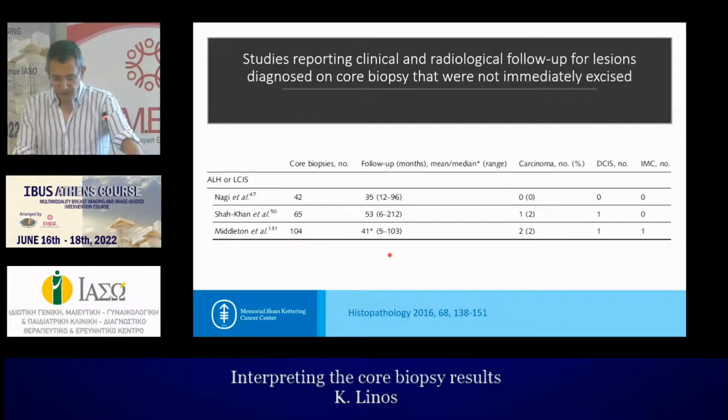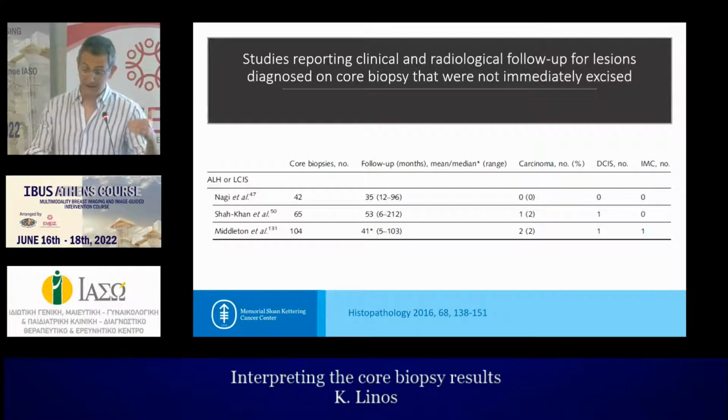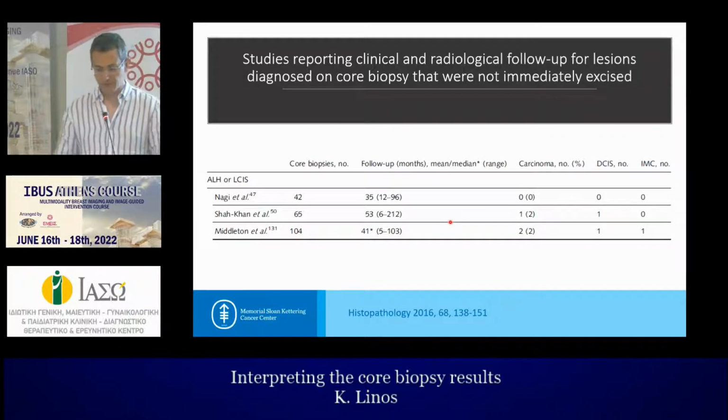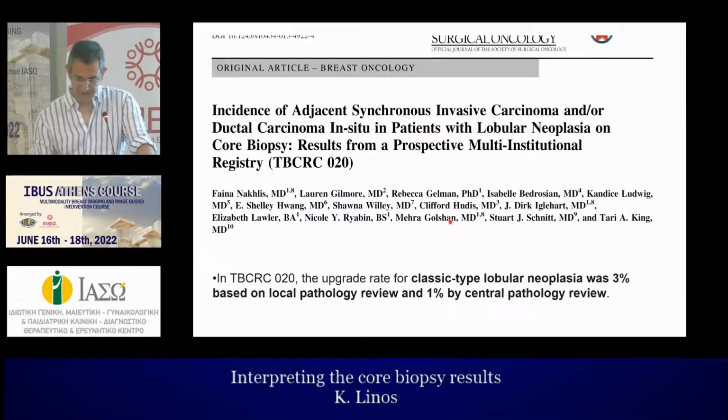So the likelihood of developing carcinoma within 3 to 5 years is in many cases 4%, even less in some areas. In some studies you had a carcinoma very close to the initial core needle biopsy. This should not have been included as an upgrade, because if it's too close, it was probably a missed carcinoma anyway. So by strict criteria, it's not really an upgrade. So it's really low. That's what I'm trying to say, even for LCIS.